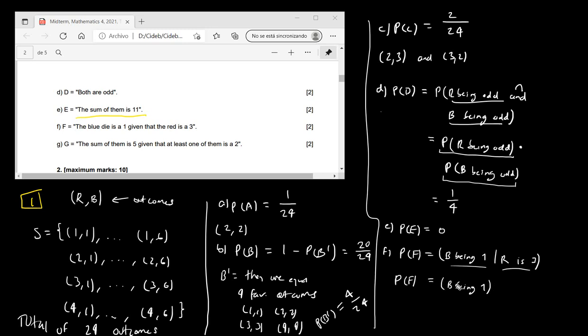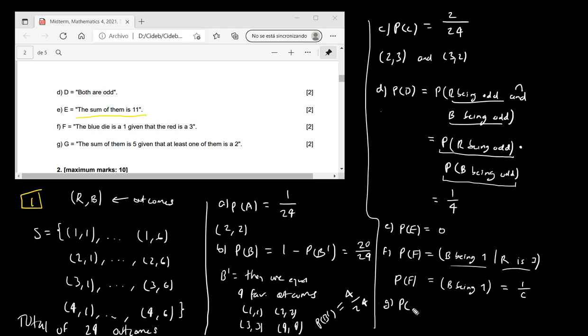It's simply the probability of blue being 1, regardless of whether you know that the red die is a 3. That makes no difference. So the probability of the blue being 1 is 1/6, right? Because the blue is the one that has 6 sides.